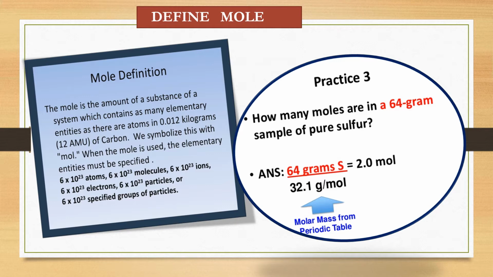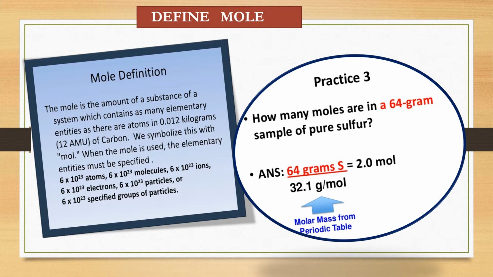The approximate value is 6, that is actually the Avogadro number 6.023. So 6 into 10 to the power 23 atoms, 6 into 10 to the power 23 molecules, 6 into 10 to the power 23 ions, or electrons, the same number of particles or specified groups of particles.